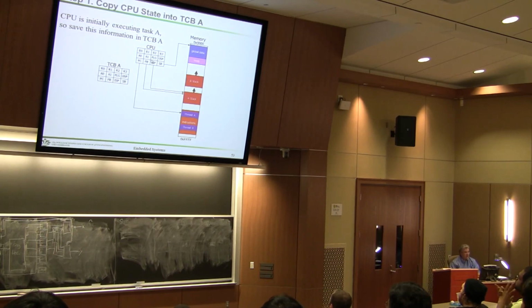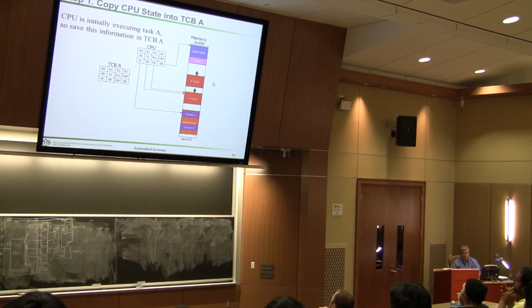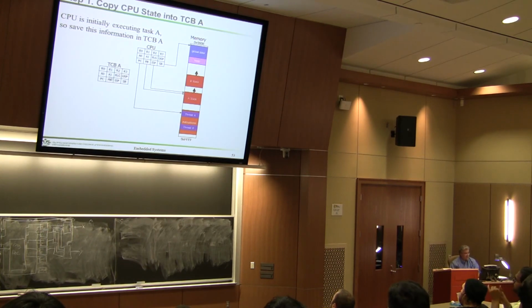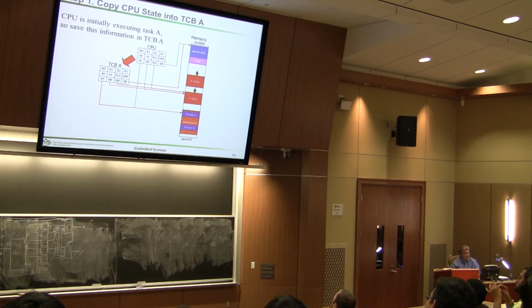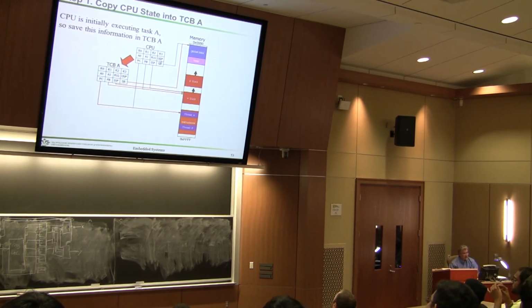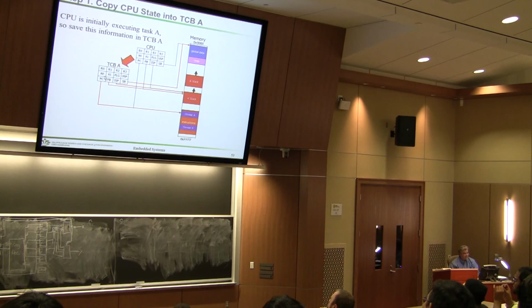What we're going to have to do is, somewhere in memory in this global data, or maybe in the stack, we're going to store all of this information from the CPU into this thread control block, this memory area. And so we'll just copy all of that data over here.